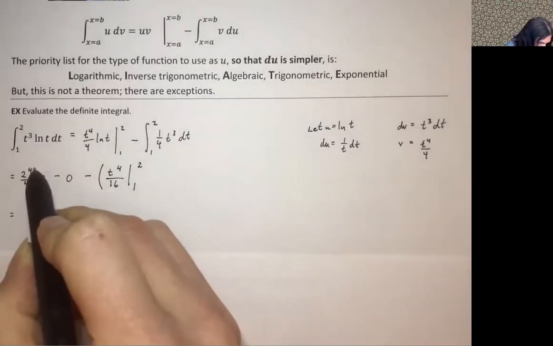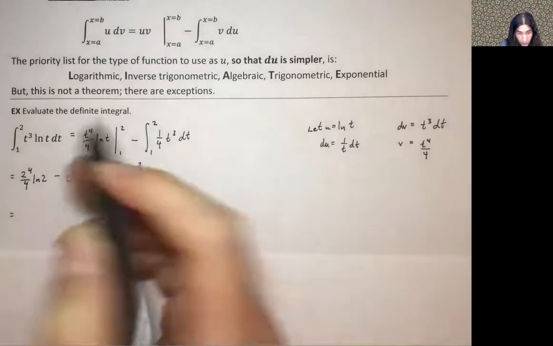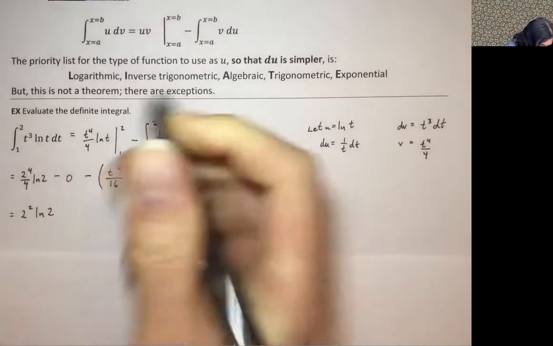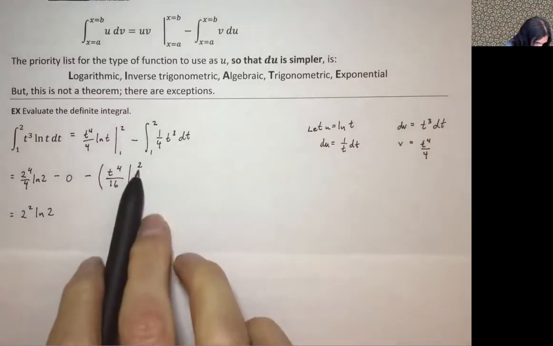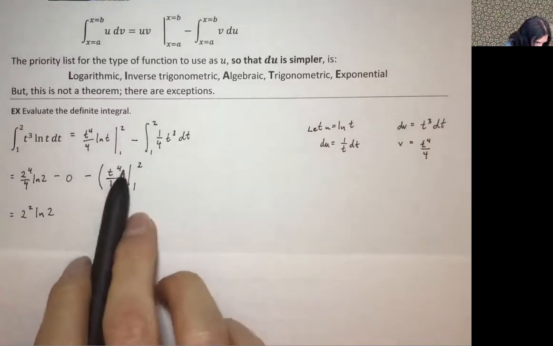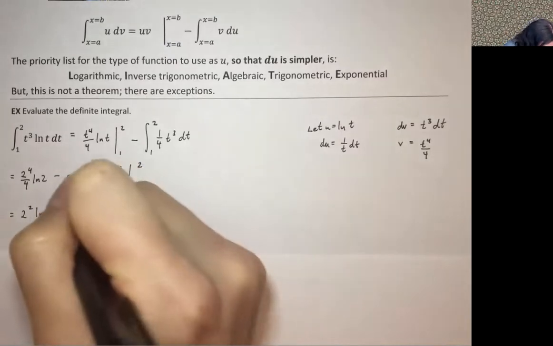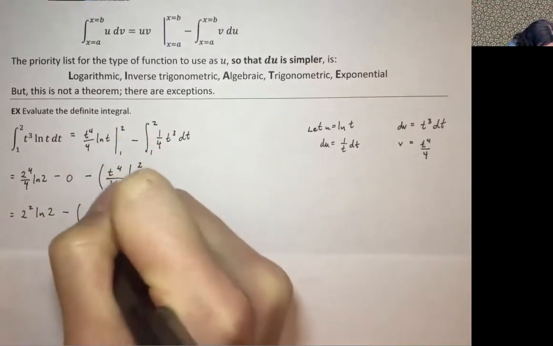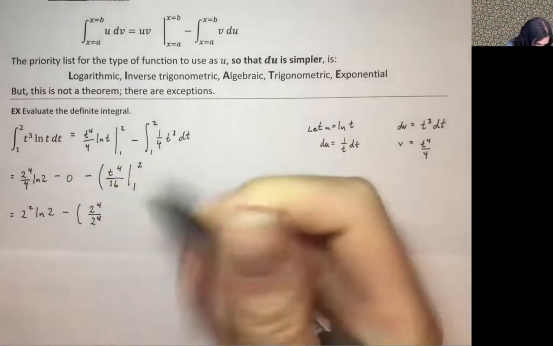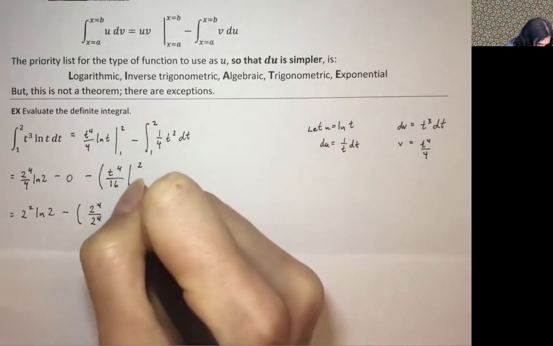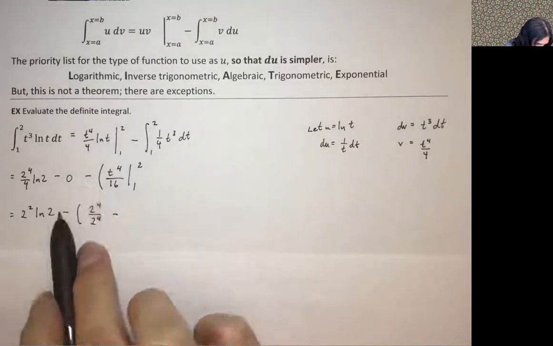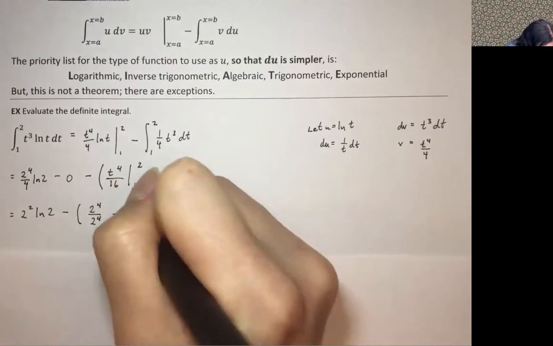2 to the 4th over 4, I'll do that, and of course that'll be 4 in the end. Also right here, 2 to the 4th over 16. Let's think of 16 as 2 to the 4th as well. And minus, so I'm still in here. This minus sign is still out here. What I get when I plug in 1.